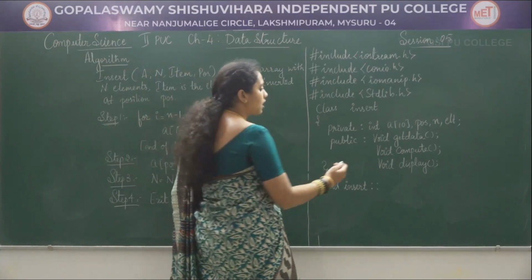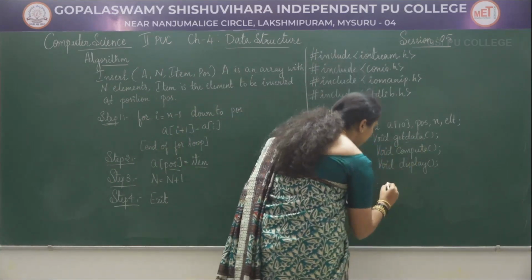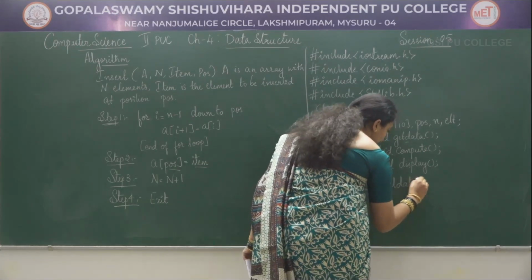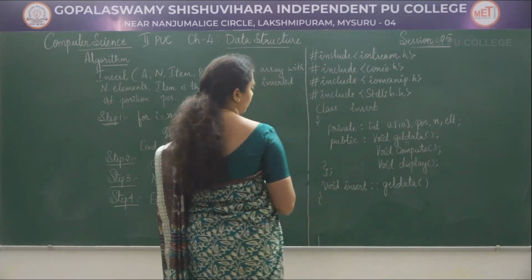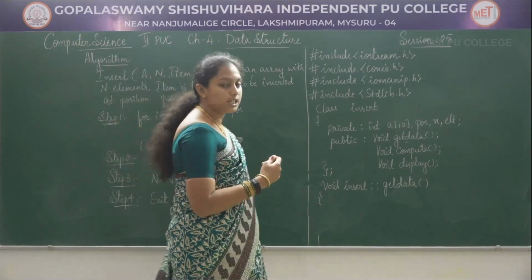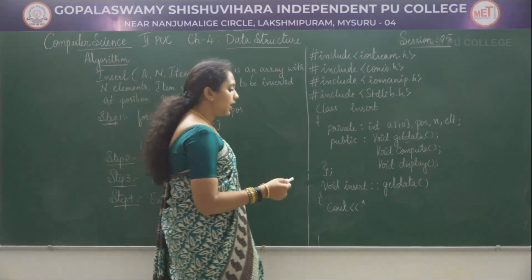So I am using this scope resolution operator. So what is the first function? That is get data function. So what are the required information? First we have to accept the size of an array. We have to enter the size of an array.